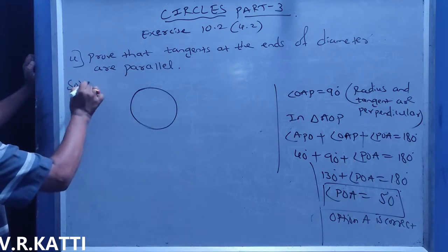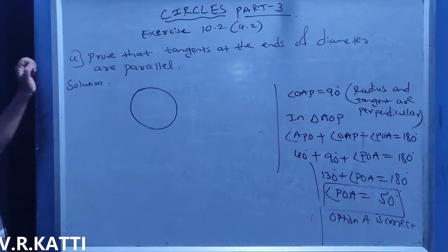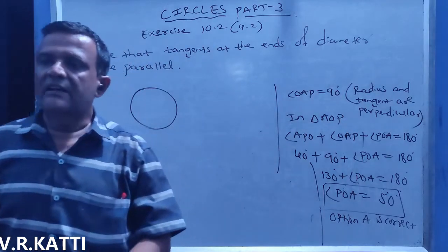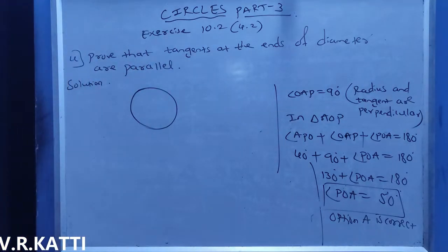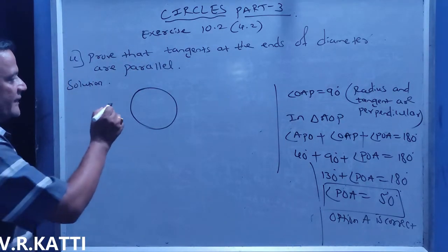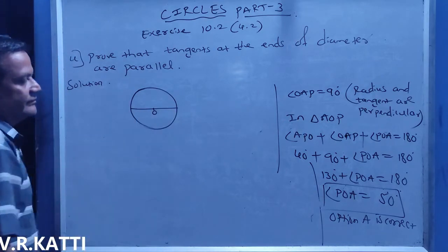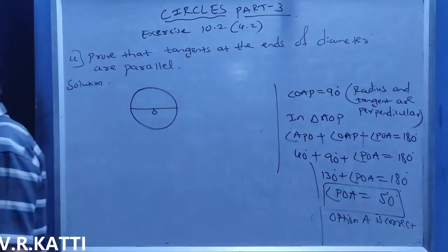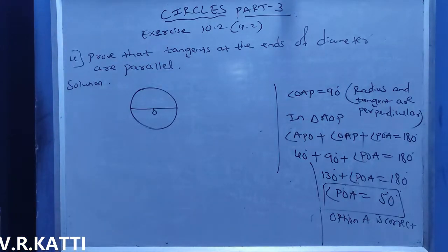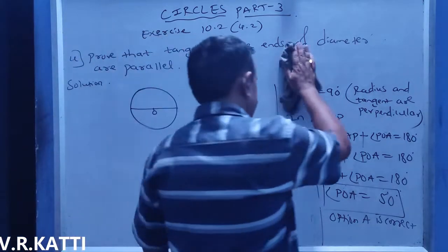Solution. Tangents at the ends of a diameter are parallel. So draw a diameter first, passing through the center of the circle.